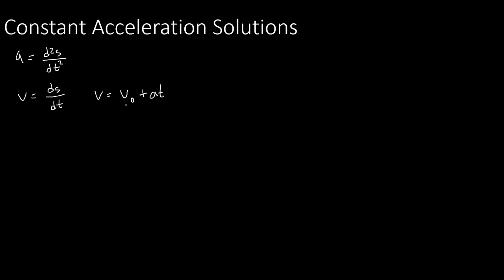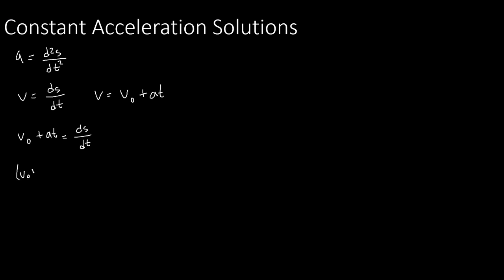v is equal to v naught plus at. So what we're going to do is plug that in over here. We're going to have v naught plus at in for v, and that's going to be equal to ds dt. So now let's move the dt over.